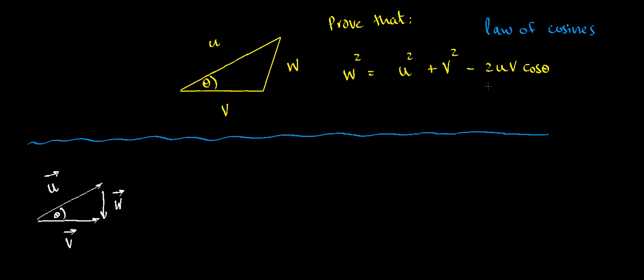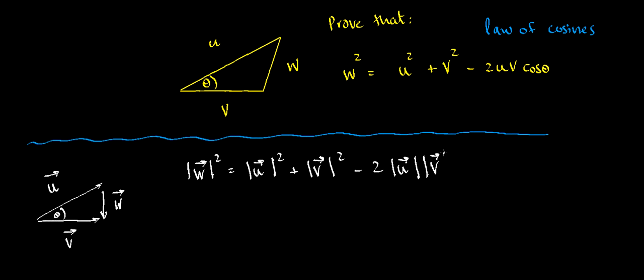So I'm going to rewrite this using the notation of vectors instead of line segments. This will be the magnitude of w squared is equal to the magnitude of vector u squared plus the magnitude of vector v squared minus 2 magnitude of vector u times the magnitude of vector v cosine theta.